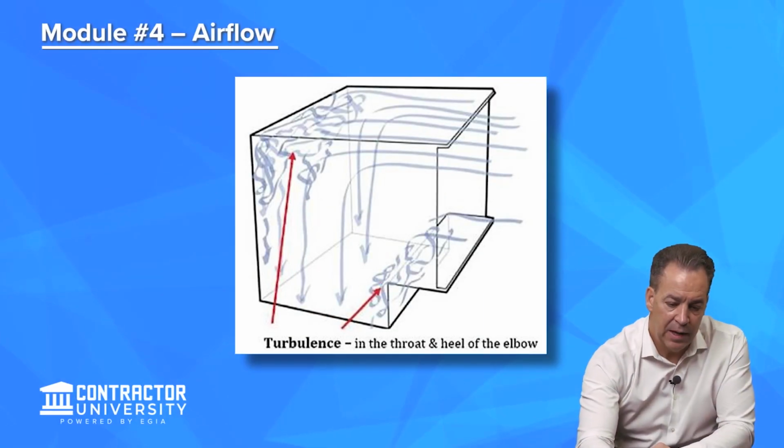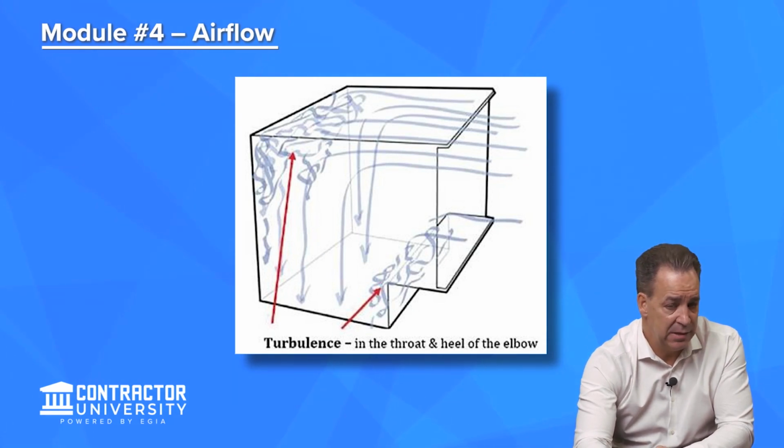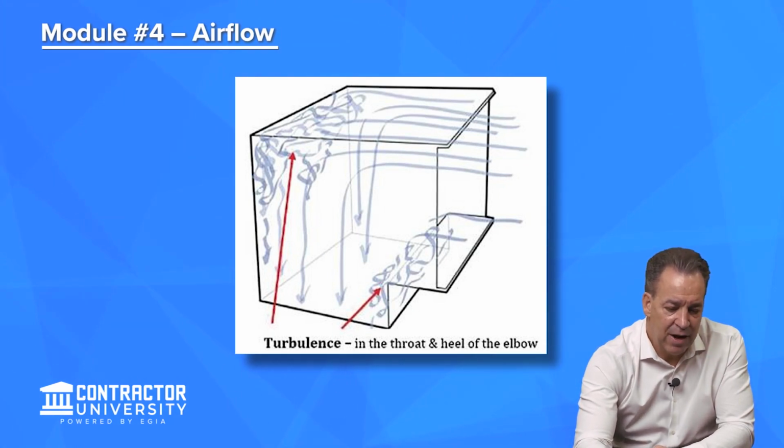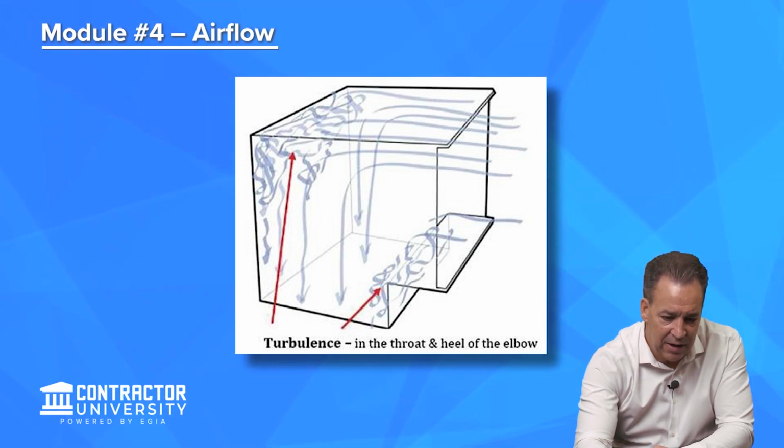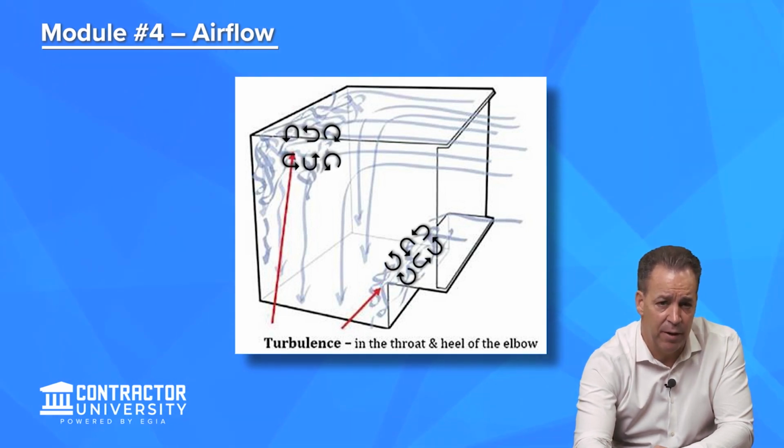And so what you see here is a rectangular shaped ductwork. Like I said, not the best. The air is traveling cyclonically, and as it tries to make this turn here, as you see how the air wants to go, what's happening is you have a dead spot in the heel of this elbow, and then you also have a dead spot right here on the inside heel of the elbow.